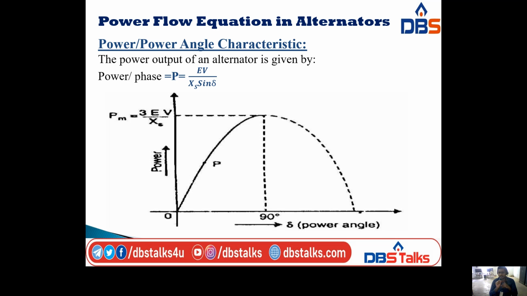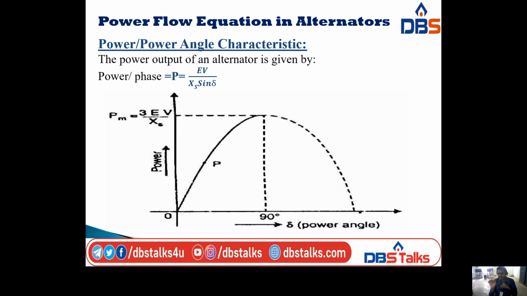Here I am drawing a curve. It looks like a half sine wave. Whenever the angle increases, the power also increases up to a certain point, until it reaches the maximum power, and after reaching the maximum power, it slightly decreases.